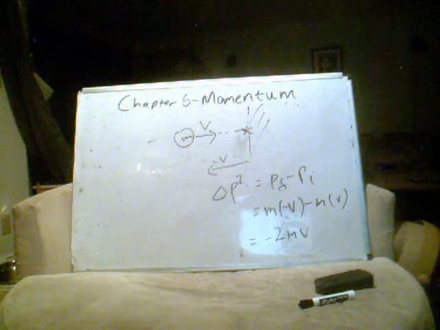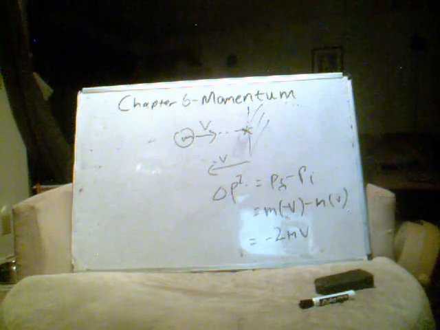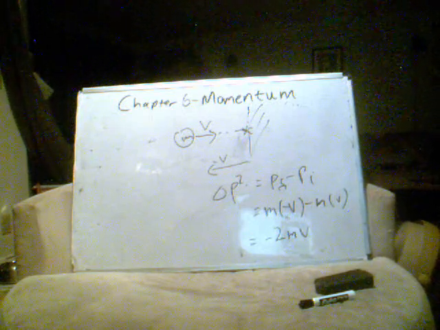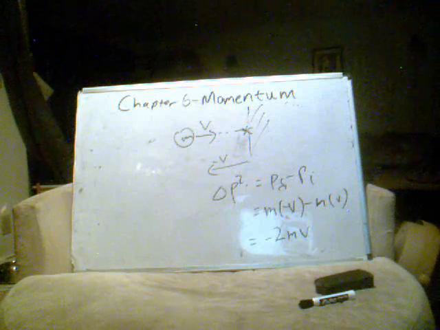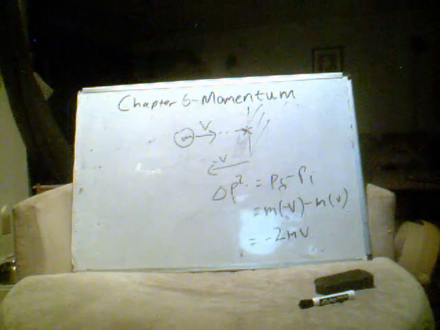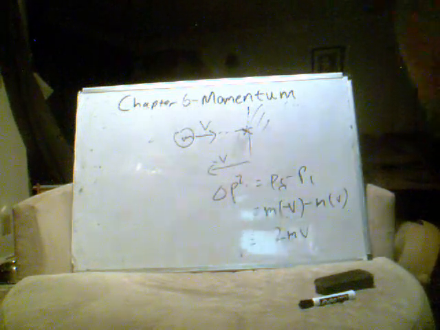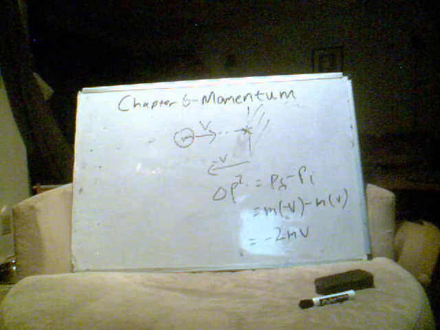There's a law of conservation for charge, electrical charge, and we'll talk about that when we talk about electricity and magnetism. We're also going to talk about the law of conservation of energy when we get to chapter 7, which will be our next chapter.